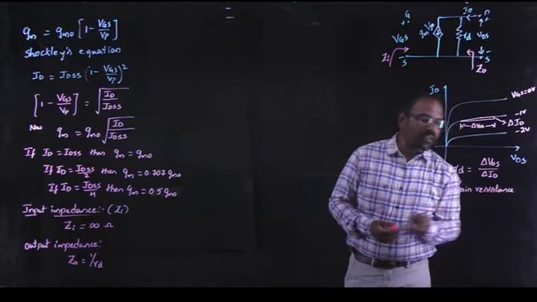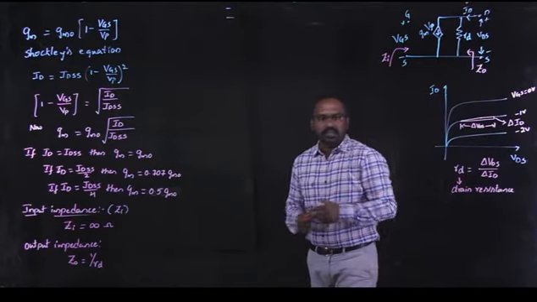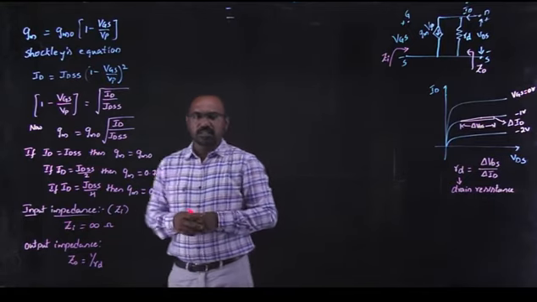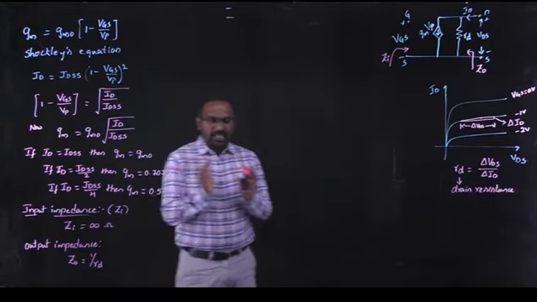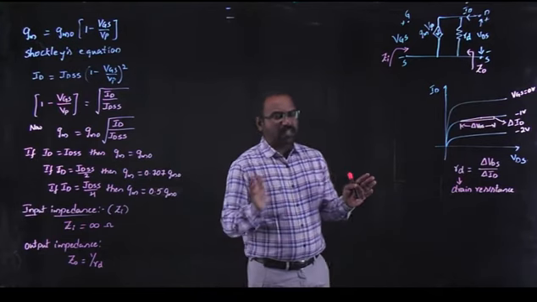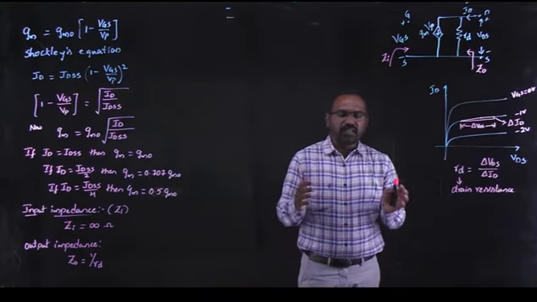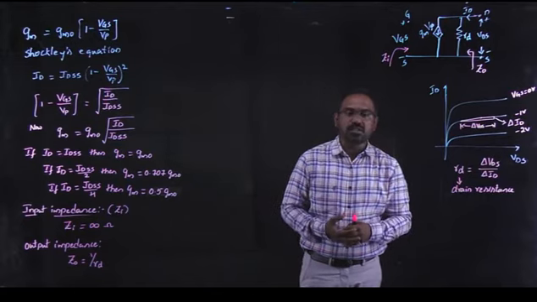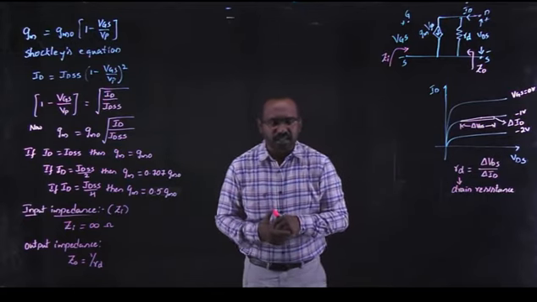So this is how you have to calculate the output impedance of the field effect transistor from the small signal model. But the input impedance and output impedance calculations are different for the different biasing circuits we are using for the field effect transistor.